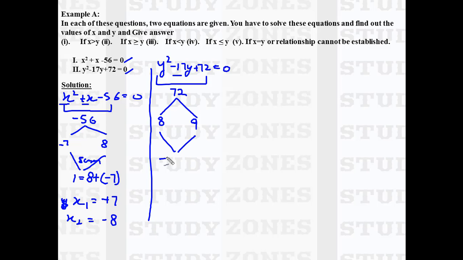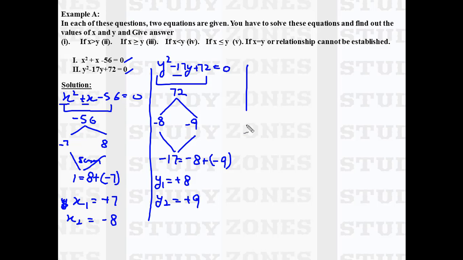So to get the sum of minus 17, these two terms have to be negative. So minus 8 plus minus 9, both of these terms are negative and you are getting minus 17. So now while writing the final answer, always remember changing the sign. Minus 8 becomes plus 8 and y2 equals plus 9.